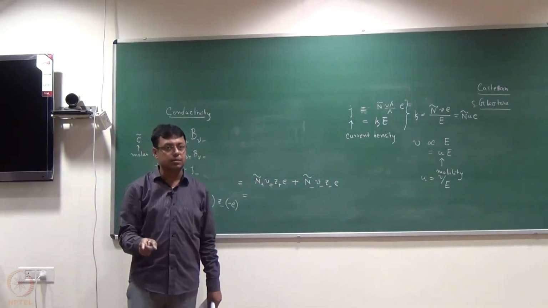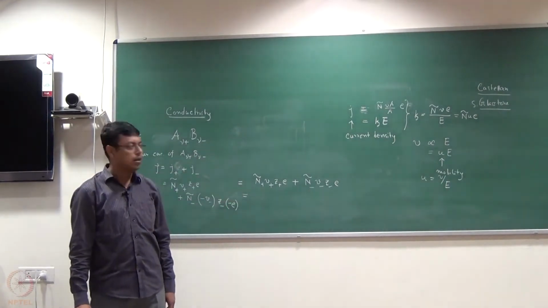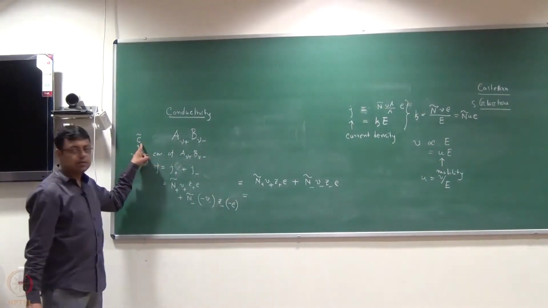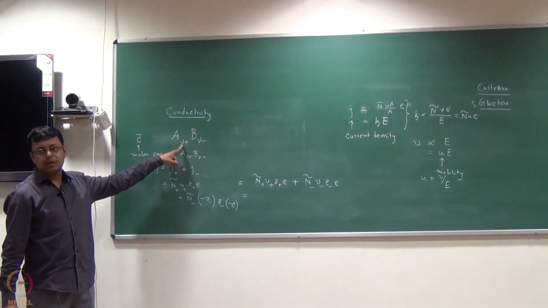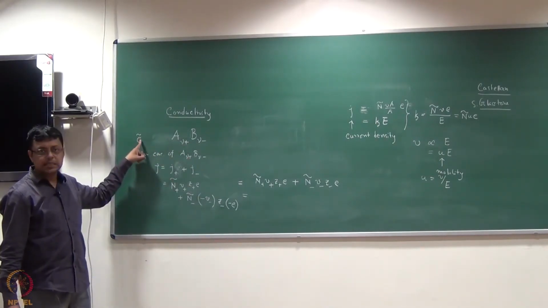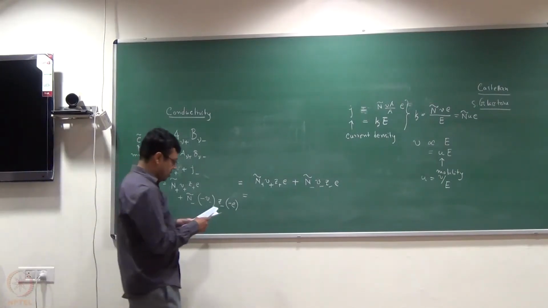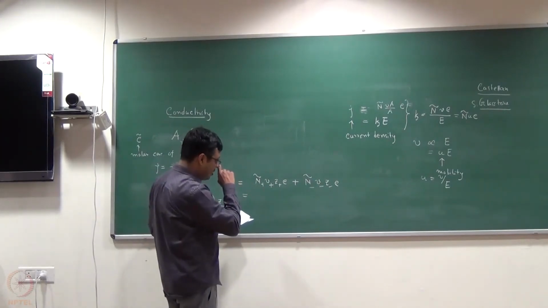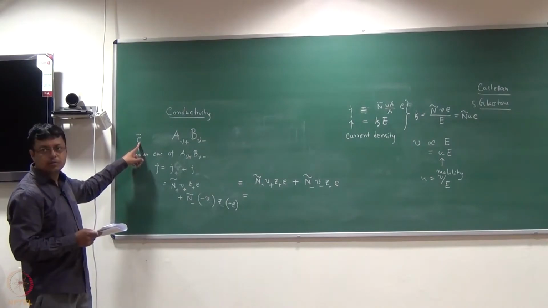It's not a molar density, because remember that was basically volume times the number density. If I have this many moles, and this is the stoichiometry, each mole will give me ν+ cations, right? So the number of moles of cation will be ν+ times C. If I multiply by Avogadro number, then I'll get the number. So I can take something common. In both cases, as you can see, C will be common.